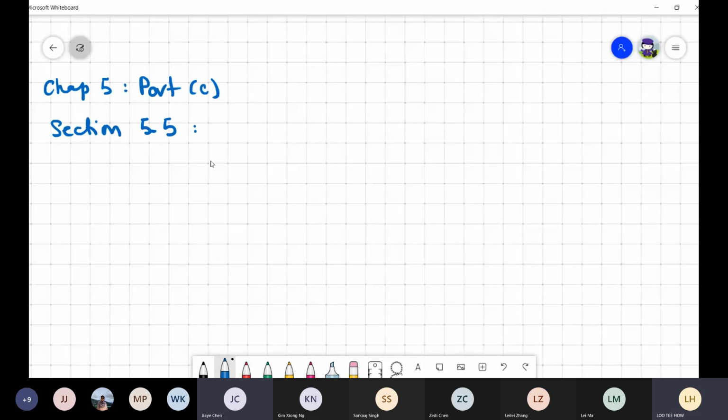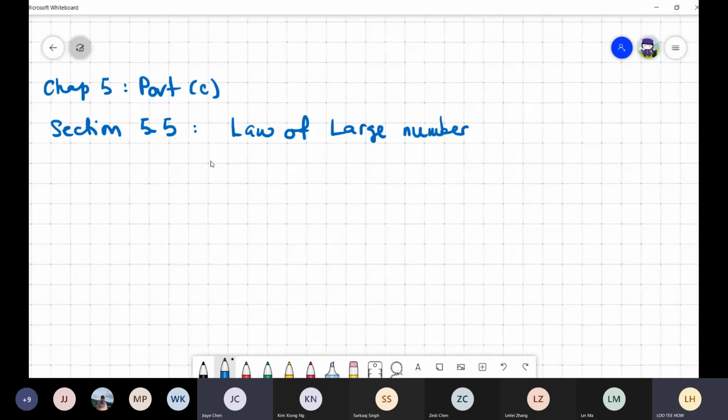So we're going to discuss both versions of the law of large numbers. Okay, so this is the thing that we want to discuss. Let's look at our setting here.